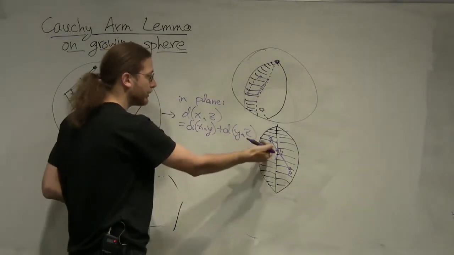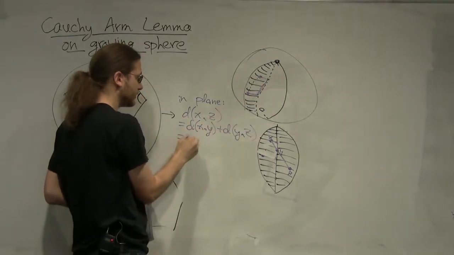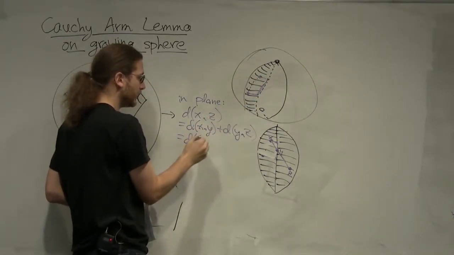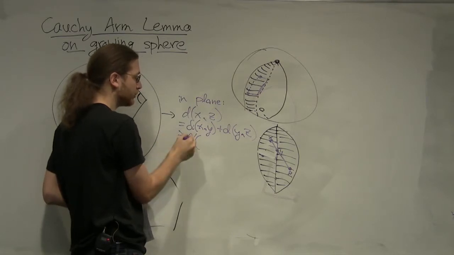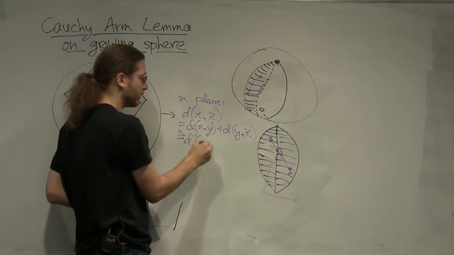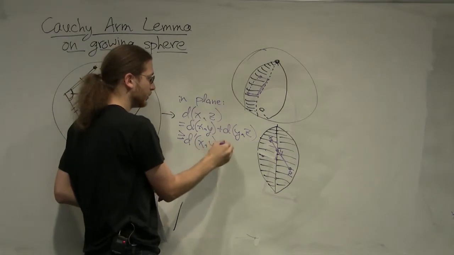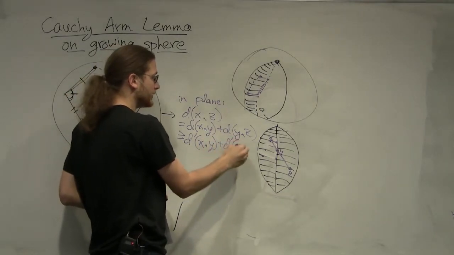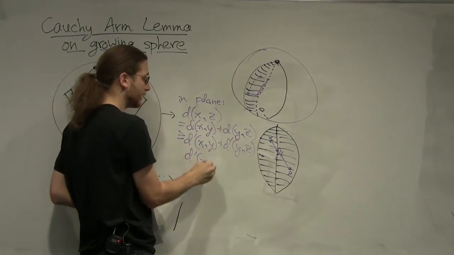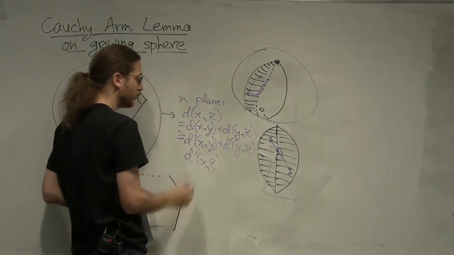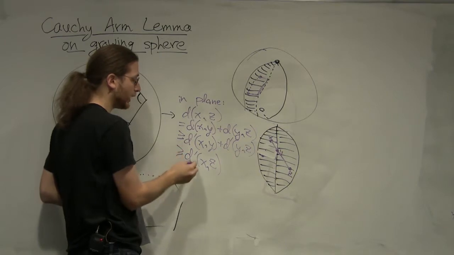Now I map these onto the sphere, and call d prime the spherical distance. I know that when I look at d prime, I contract. So d prime of xy is going to be smaller for xy. It's going to be smaller for yz. What I really care about is the distance on the sphere between x and z. But this is the triangle inequality.